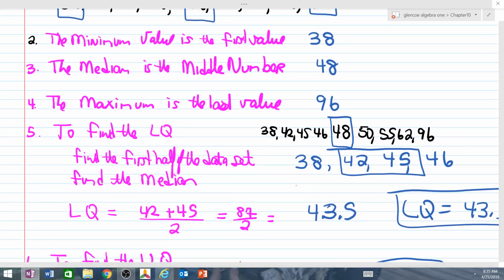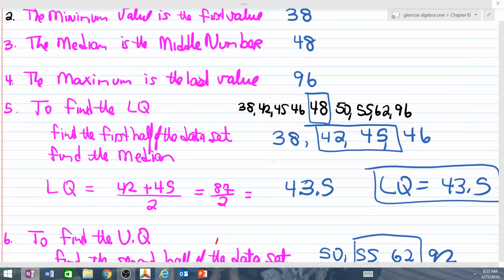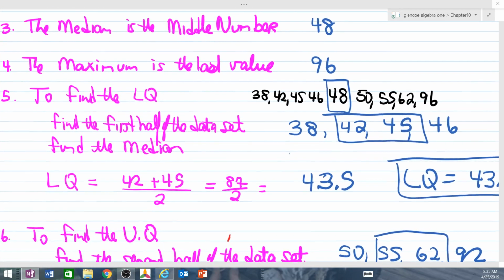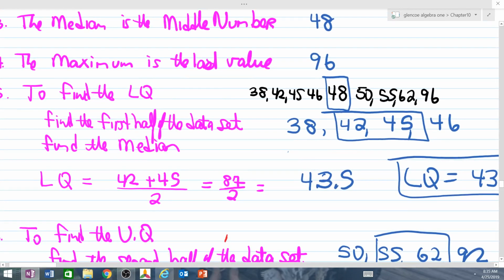To find the lower and upper quartiles, the first thing you need to do is make sure you are using the data in order from least to greatest. To find the lower quartile, we are going to use the first half of the data set, or the numbers that are less than your median of 48.